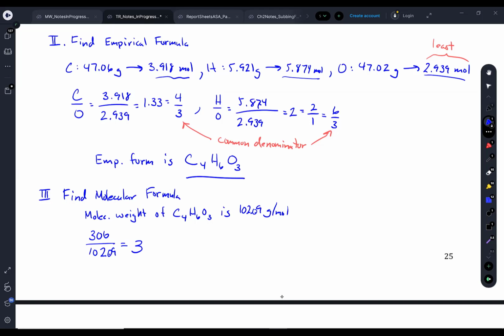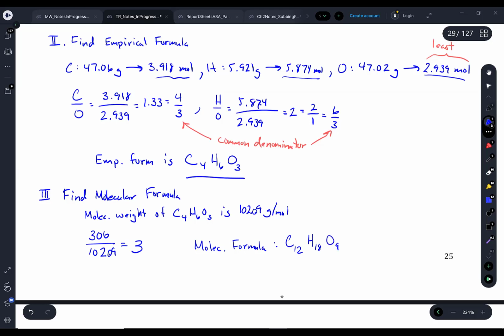So what is the molecular formula? We're just going to multiply all the subscripts by 3 that are in the empirical formula. So C4 times 3 would be C12. H6 times 3 is H18, and O3 times 3 is O9. So that's my compound.